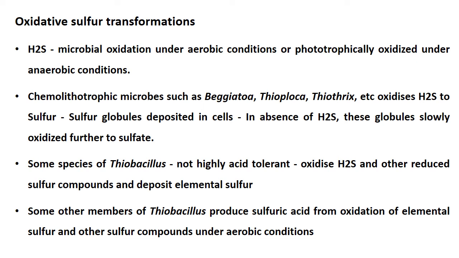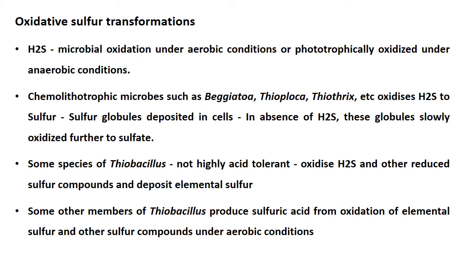Chemolithotrophic microorganisms such as Beggiatoa, Thioploca, Thiothrix, etc. can oxidize hydrogen sulfide to sulfur, and the formed sulfur will be deposited in cells as sulfur globules. In the absence of hydrogen sulfide, these organisms use these sulfur globules and they oxidize sulfur slowly to sulfate.